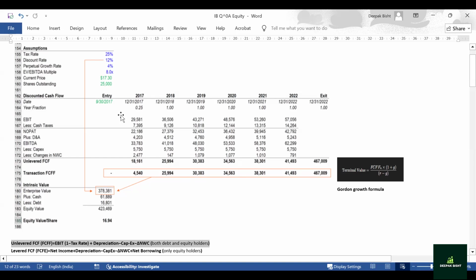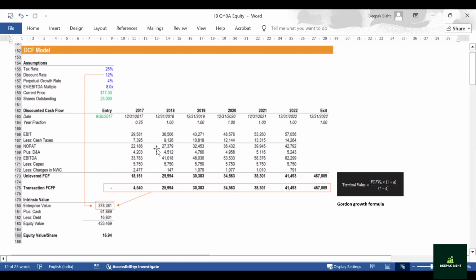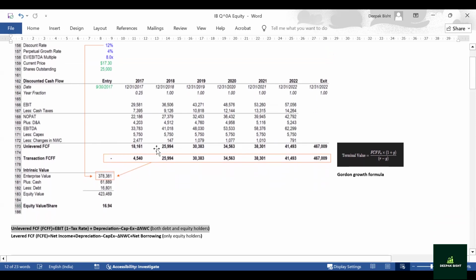The major time consuming parts of a DCF are forecasting these numbers into the future, making assumptions, finding the trend, and then making your model presentable, putting in slicers and filling in the colors. That actually takes time, as does collecting high quality data.